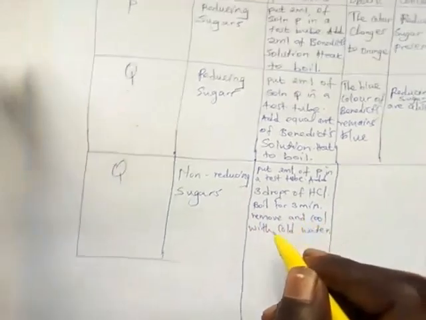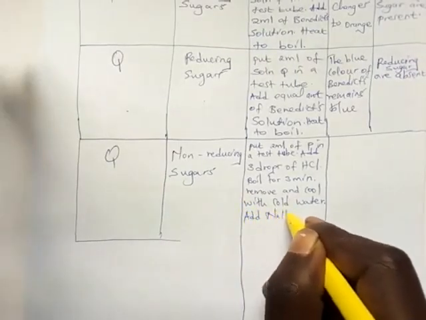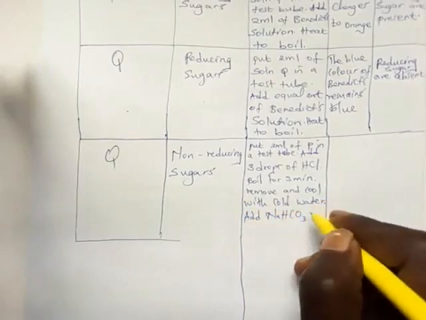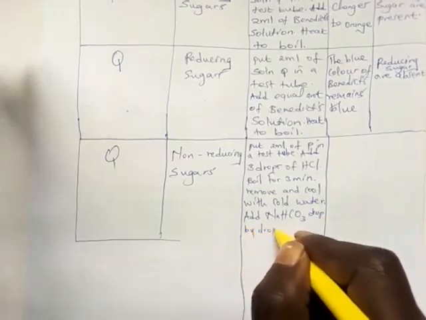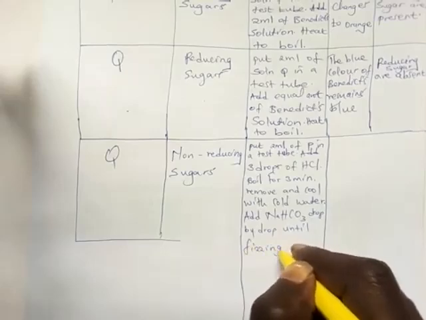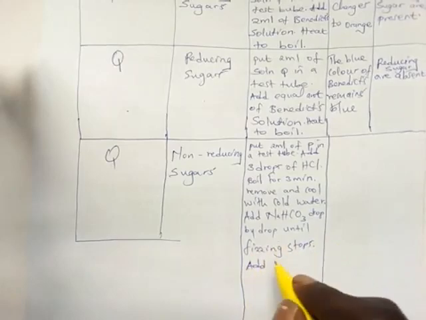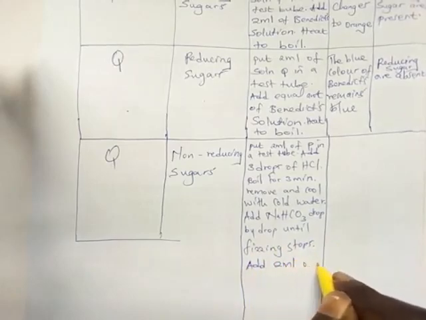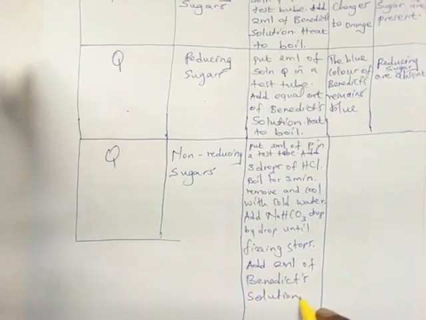Then after you have cooled, you add sodium hydrogen carbonate dropwise, or drop by drop, until fizzing stops. Then you add 2 milliliters of Benedict solution. Then you heat to boil.